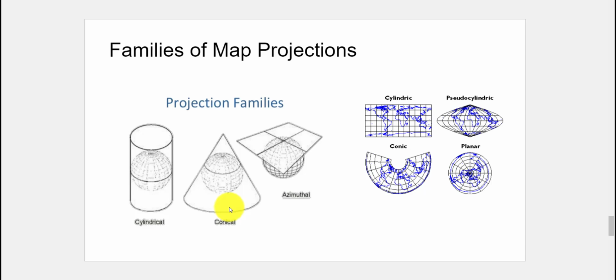A conical projection is like taking a piece of paper and making a cone out of it, putting it over the top of the globe, and then transferring the information, and you would get a half circle like you see here. And then finally, azimuthal projections are like taking that piece of paper and laying it flat. So azimuthal projections are most common for looking at the North Pole and the South Pole. An example of an azimuthal projection is planar.